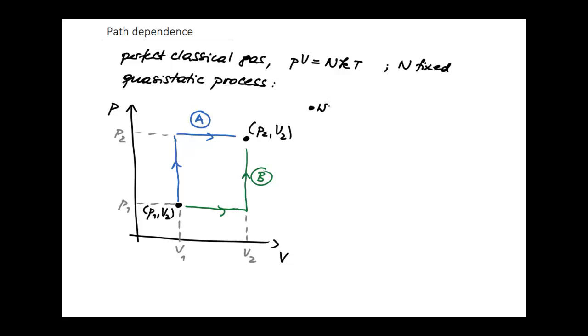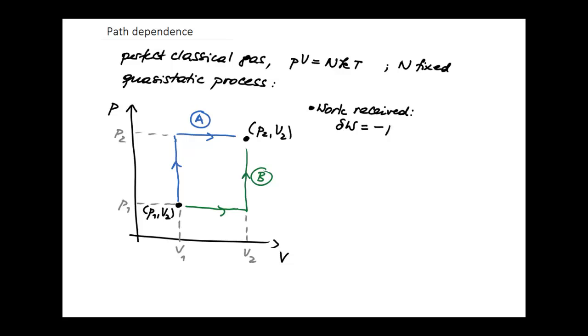Let's now consider the work, the mechanical work received by the system in the course of either process. Since the process is quasi-static, we can use the formula for the infinitesimal work when we change the volume by an infinitesimal dV.